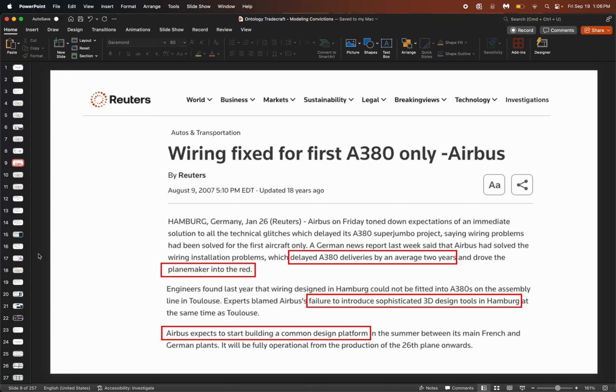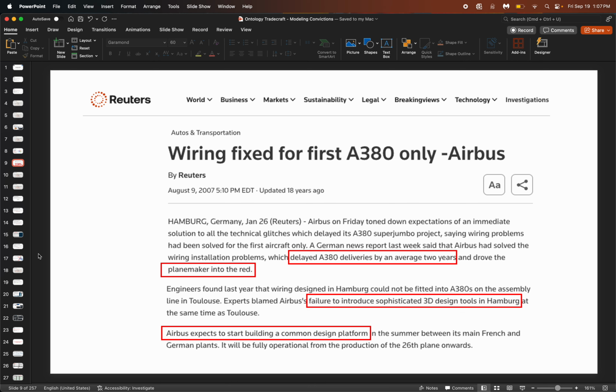So there was some kind of miscommunication, a failure to introduce interoperability or communication across these different manufacturing endeavors. It ended up costing Airbus quite a bit of money and putting this project back by 2 years.